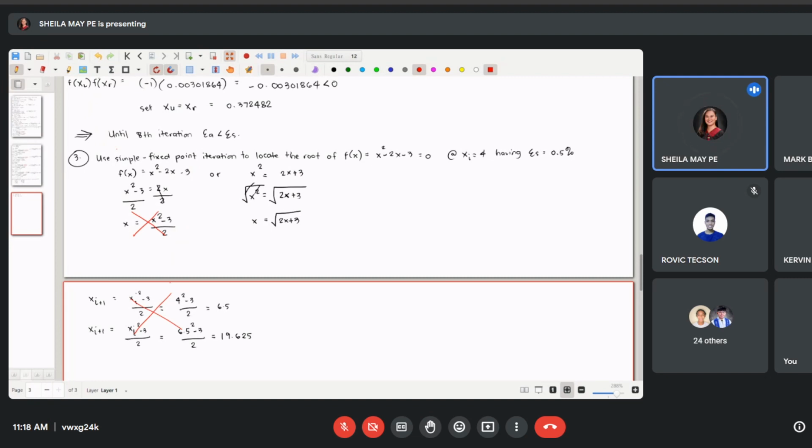We need a converging iteration wherein as we keep iterating, we get closer to our root. Now let's try this one.